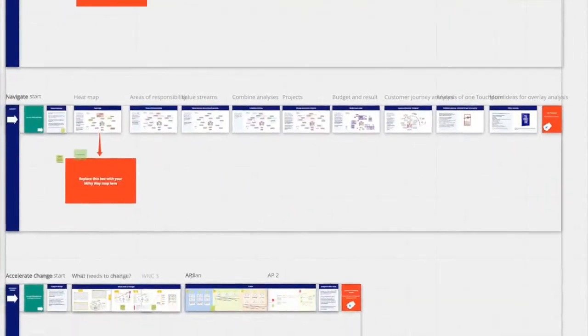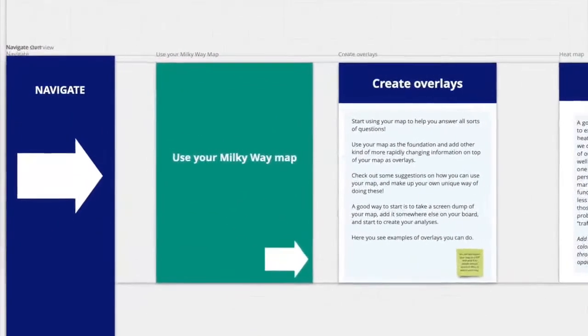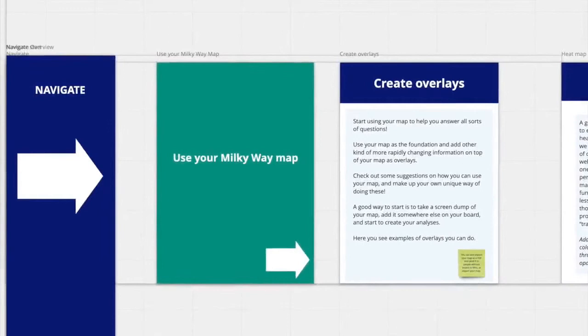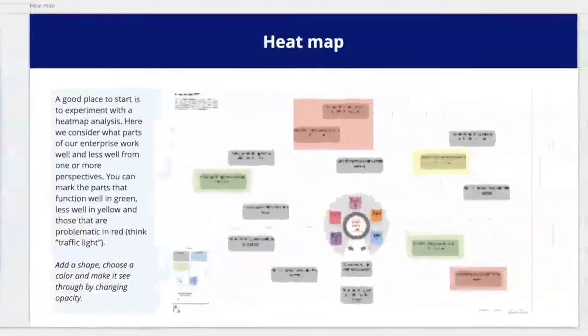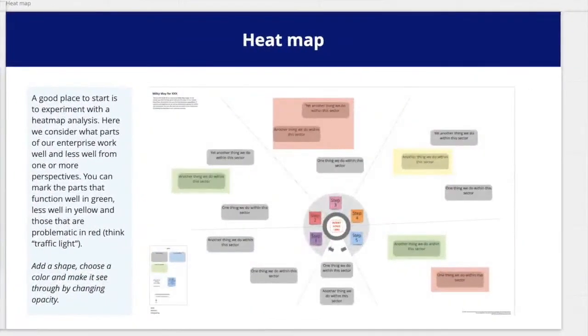In the third part, navigate, you find examples of overlays you can do on top of the map to help you make sense of other important information about your enterprise and thereby create better decision-making material. For example, what functions well and less well?